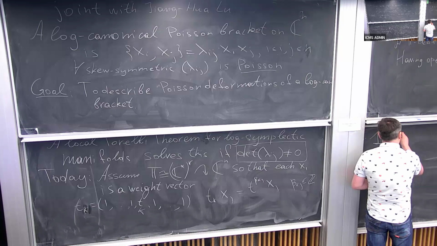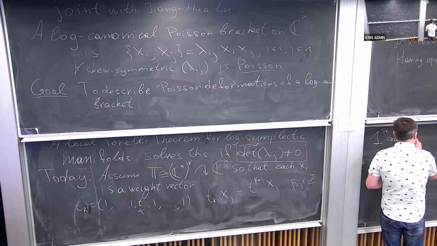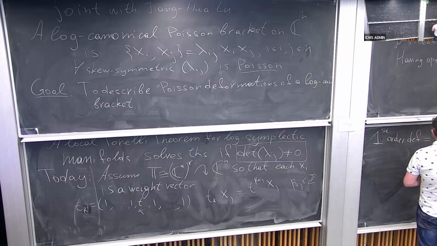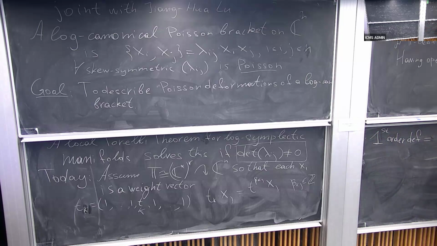They're given by the second Poisson cohomology. And moreover, I'm only interested in T-invariant deformations, so I take the T-invariant part of the second Poisson cohomology. If you have seen second Poisson cohomology before, then that's good. If not, then just think of this as first order deformations.